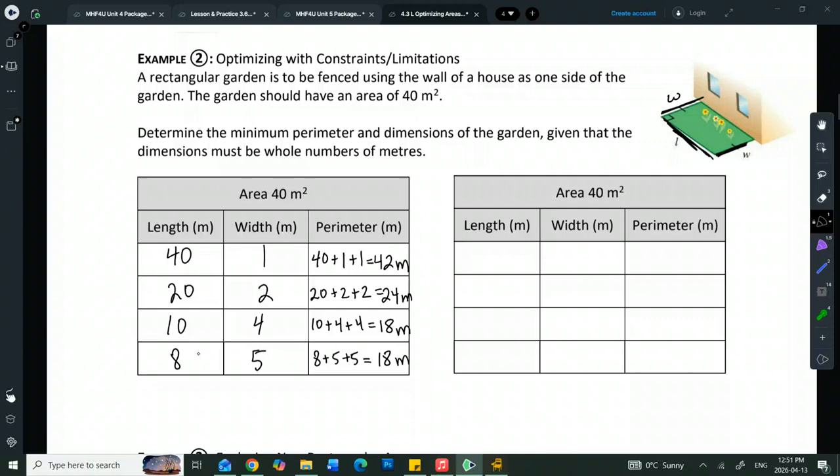Okay, does 6 go into 40? 7? 8? 8 doesn't go into 40?